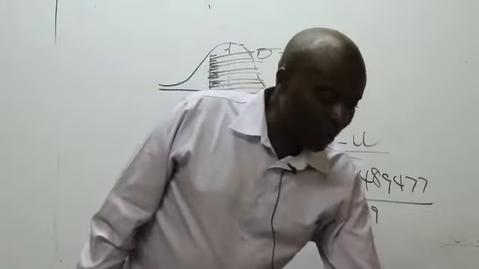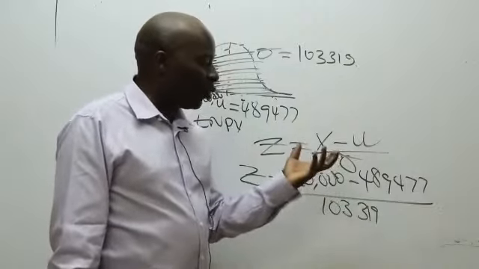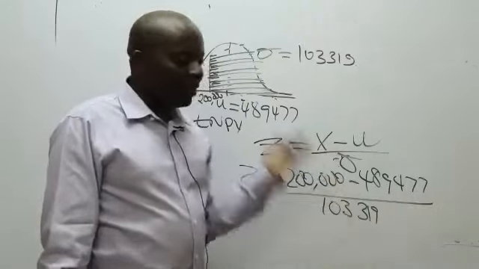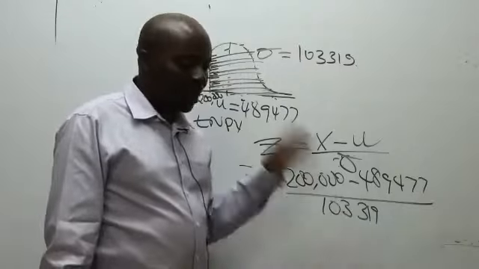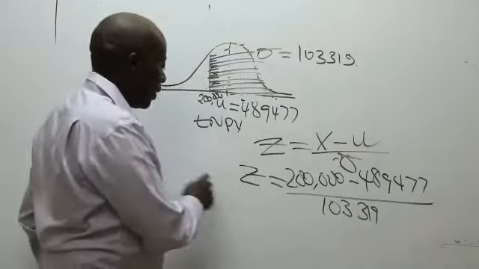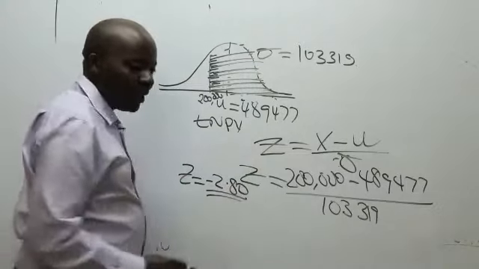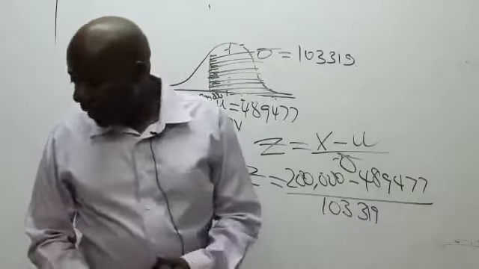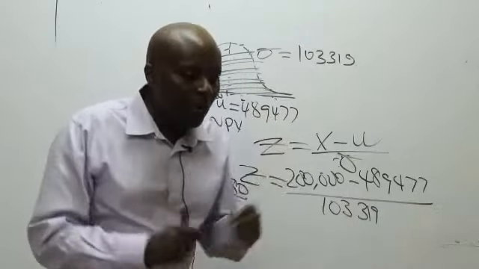So please remember, as you're calculating this Z, first of all, you must give us the numerator difference alone. You say 200,000 minus 489, 477 equals whatever you get there, you divide now by 103, 319. I hope you're able to get a Z of negative 2.80. Now from there, ladies and gentlemen, I expect you to now pick your normal table.